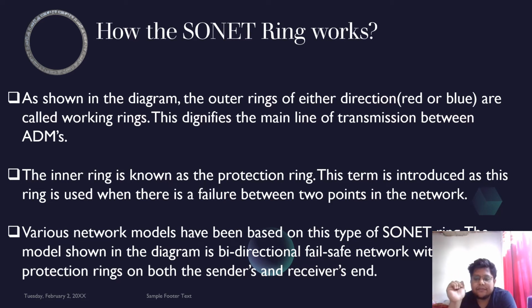Hence, even if a working line fails, a protection ring can still protect the data and transmit it at the same data frame speed. Now, various network models have been based on SONET. The model that I showed you was a simple bidirectional failsafe network, and it calculates the protection ring on both the sender's and the receiver's end.